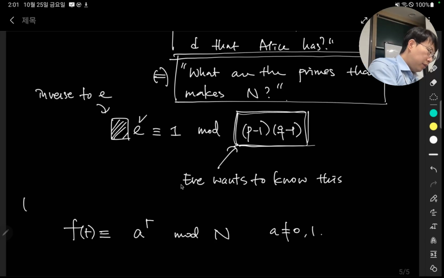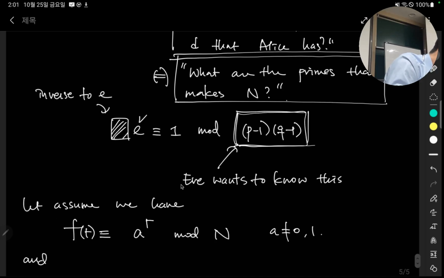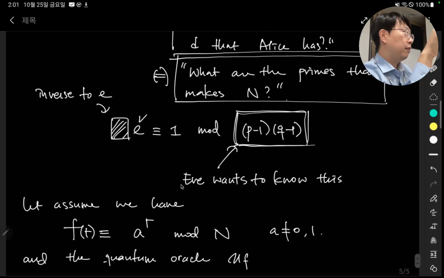Let's assume we have this function, and the quantum oracle U_f according to this function f.